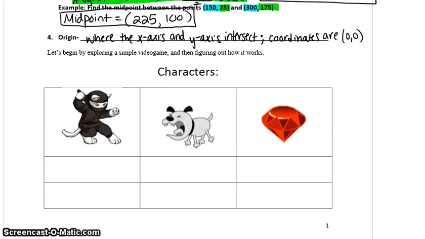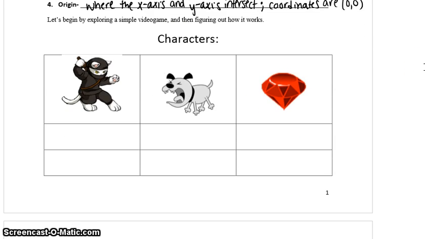So let's move on to talk about our video game characters. This is a very basic video game that exists that has 3 characters in it. Their names are Ninja Cat. No, I did not name him. Ninja Cat, Dog, and Ruby.